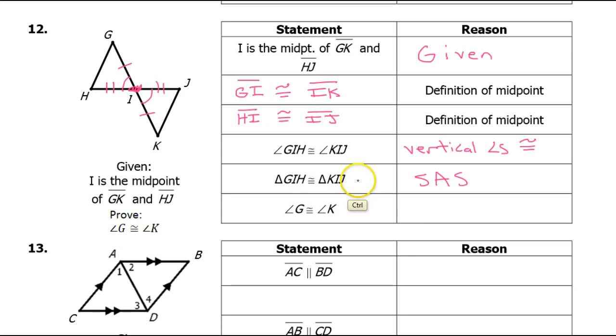Once you already have the triangles congruent, you can go ahead and say that any other corresponding parts are congruent, because corresponding parts of congruent triangles are congruent.